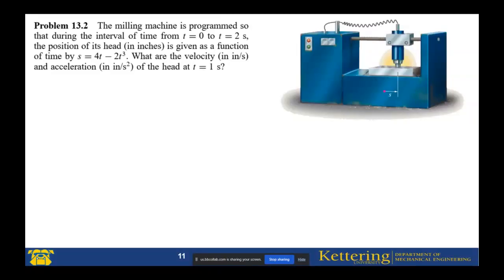What is the velocity and the acceleration of the head at t equal to 1 second? That's one example related to real world examples, mechanical engineering. It's a mining machine they use for the mining of the parts.